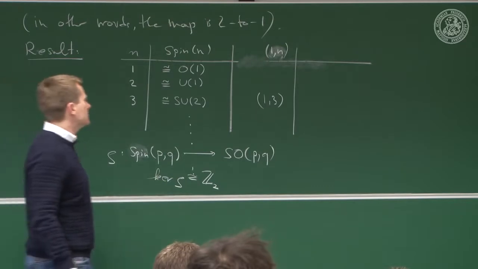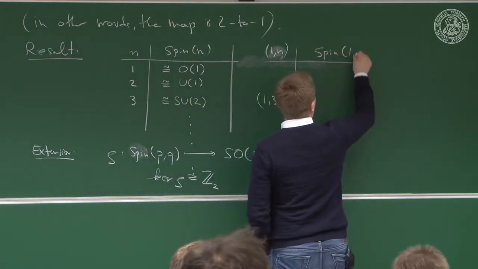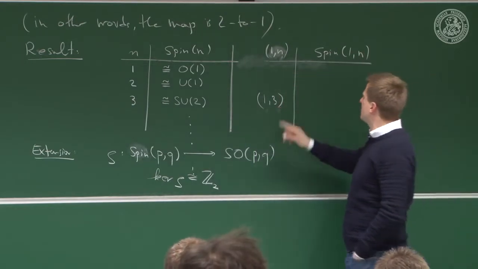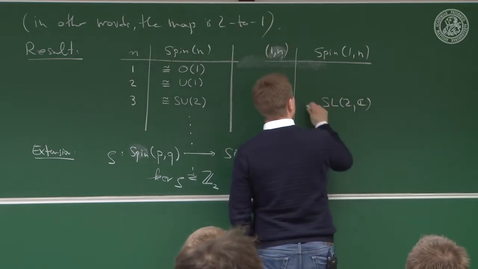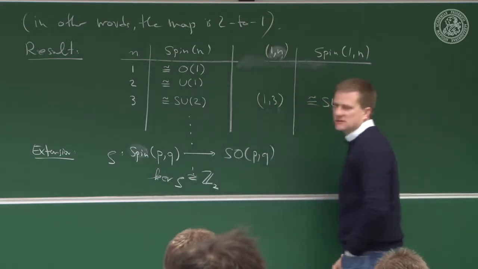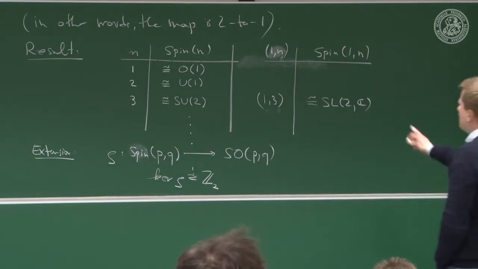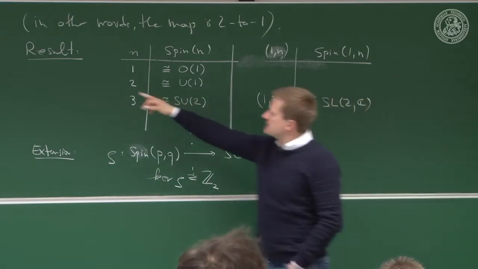So the question is, what do we find for spin 1, 3? What are the spinors in 3 dimensions? And it turns out it's SL2, C. Well, it's isomorphic to it. So we can just take SL2C. So this needs to be proven. That's why I said result.